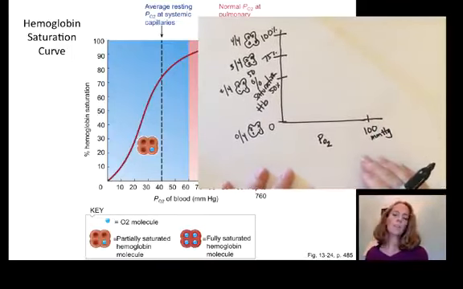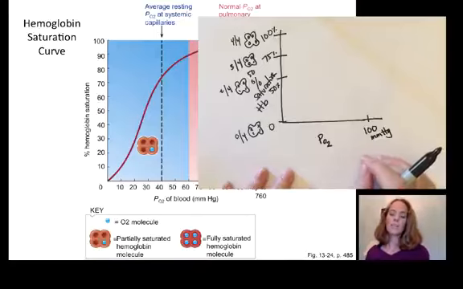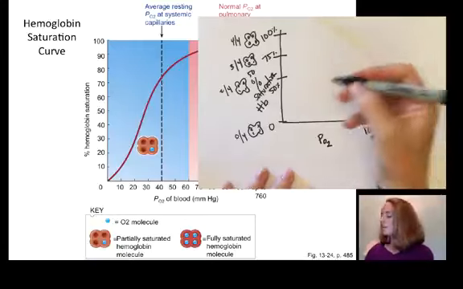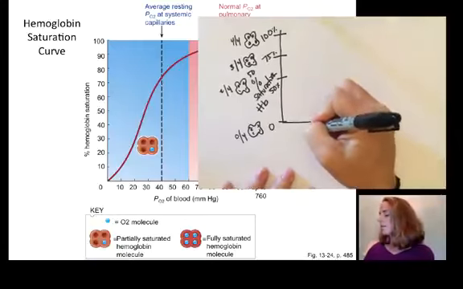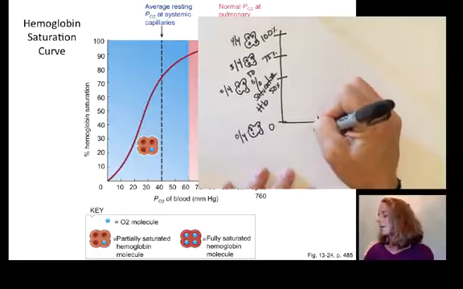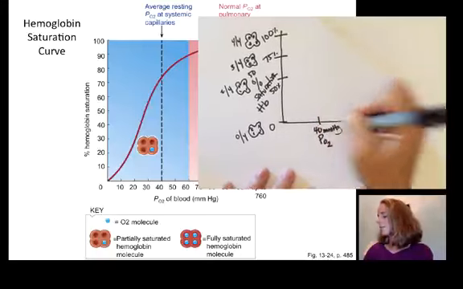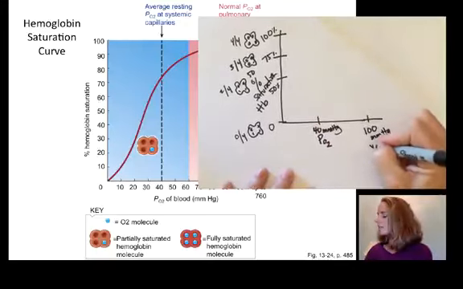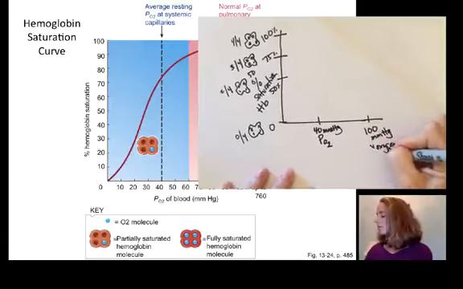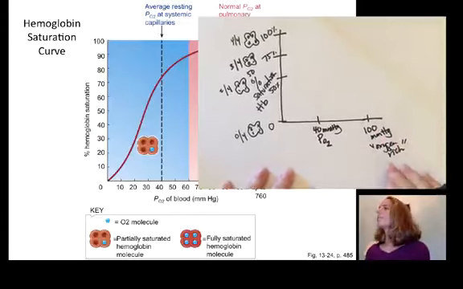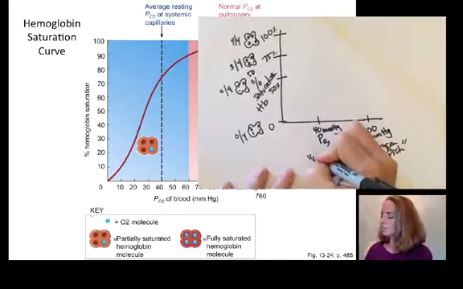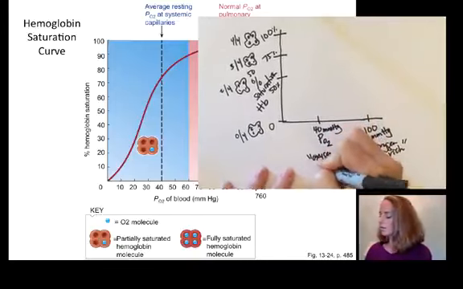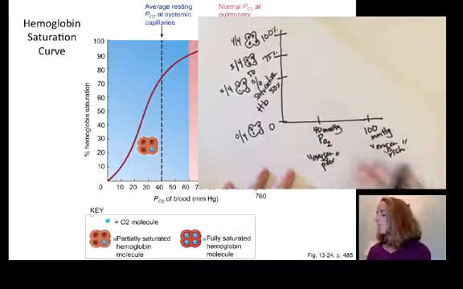What is the partial pressure of oxygen at the tissues? Remember that the tissues are using oxygen, so their partial pressure is going to be around 40. So we're going to have oxygen-rich and oxygen-poor environments.